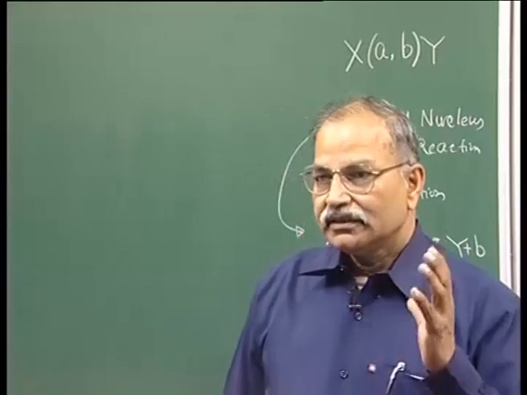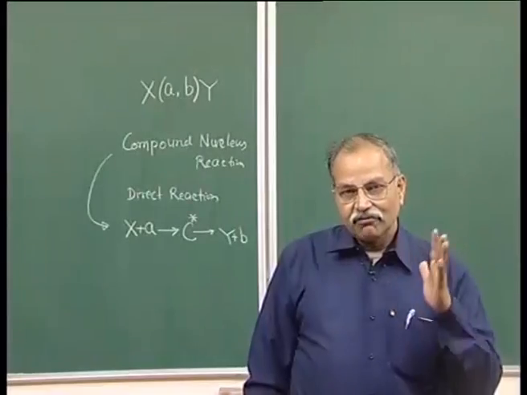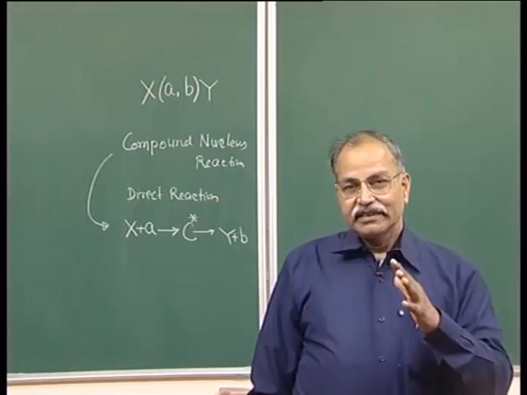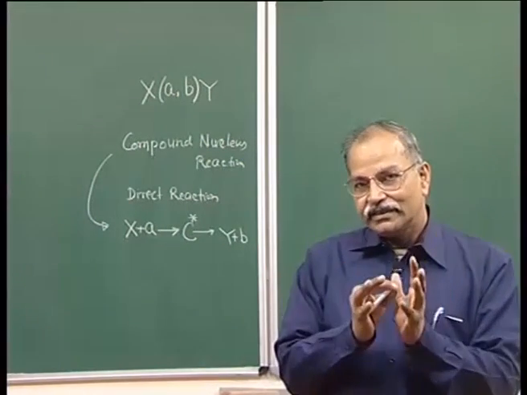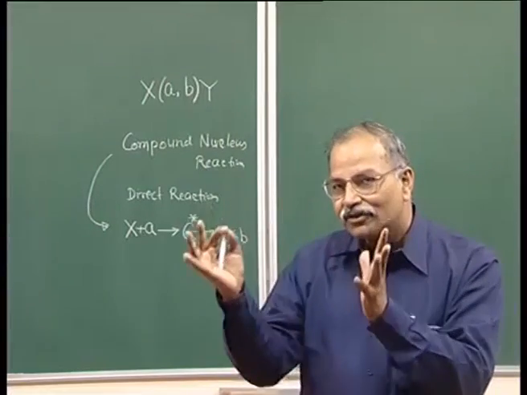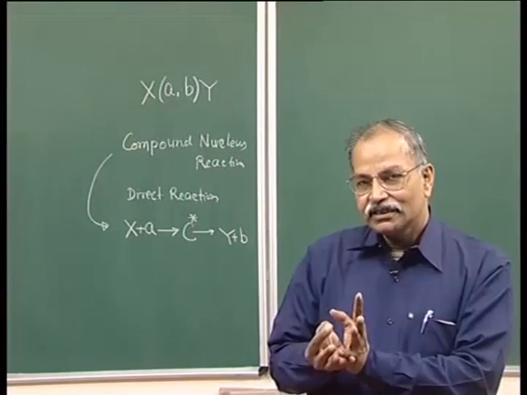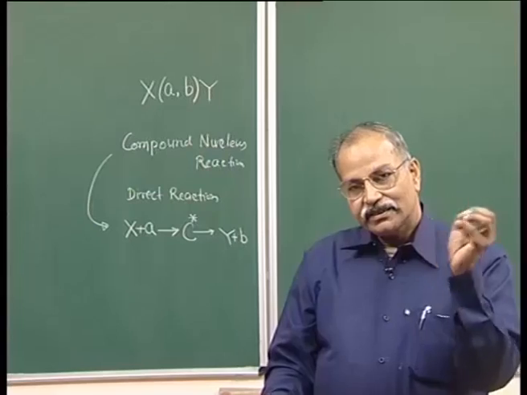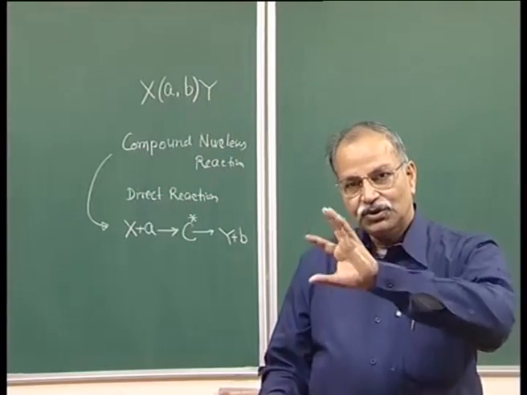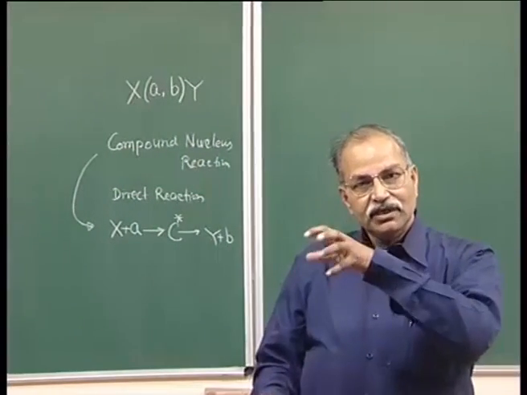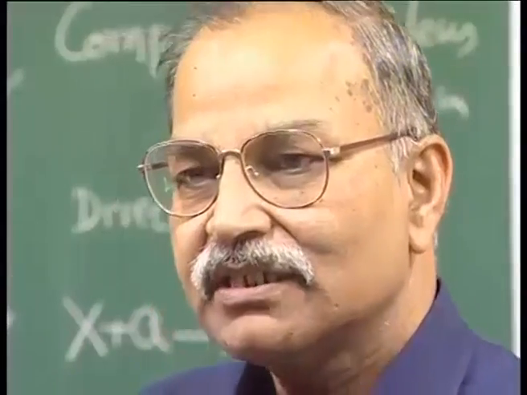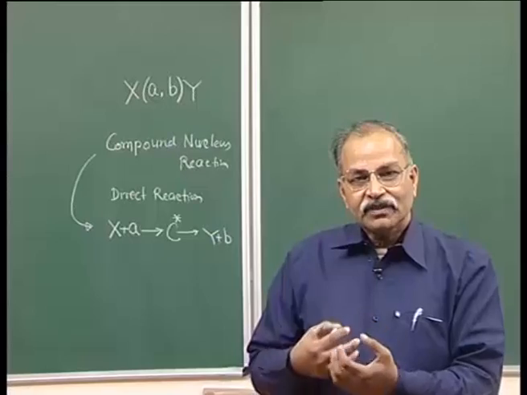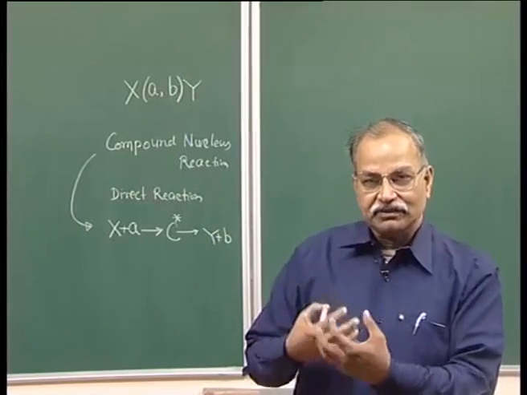Okay. So, this compound nucleus reaction will be more probable when the energies are such that the de Broglie wavelength of the incident particle is more like the size of the nucleus, so that the energy is shared by all the nucleons in the nucleus. It takes time. The energy first goes into a few nucleons or one nucleon, and then there are collisions among the nucleons, and from there the equilibration, right.